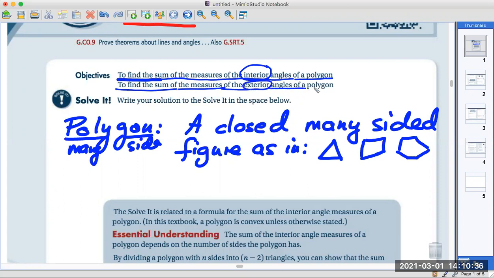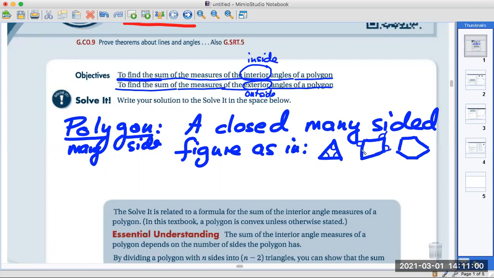So what's the difference? Interior angles are on the inside of the shape, like these are interior, exterior on the outside of the shape. And how are they created? If you extend one side, it creates an exterior angle. So all of these angles are exterior.